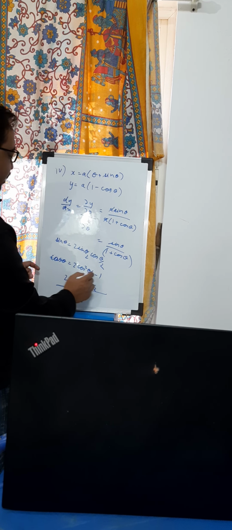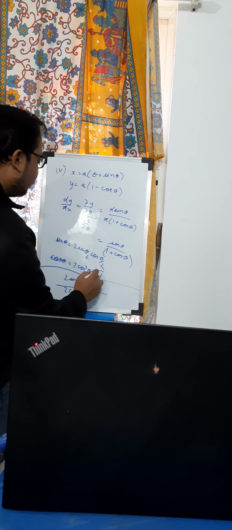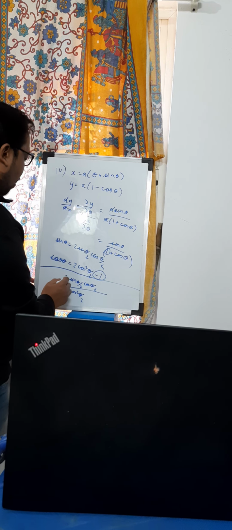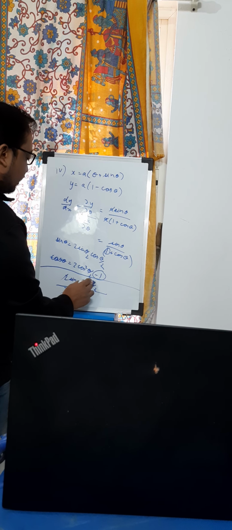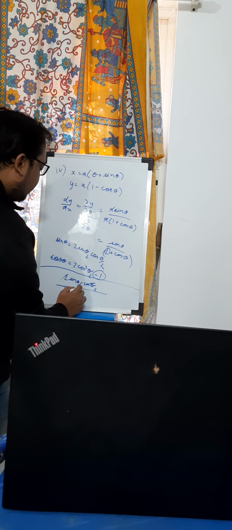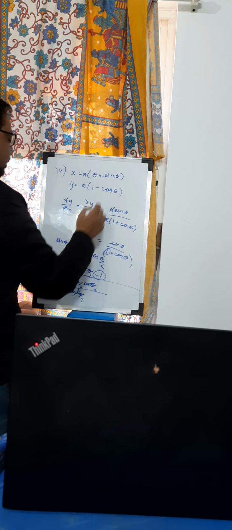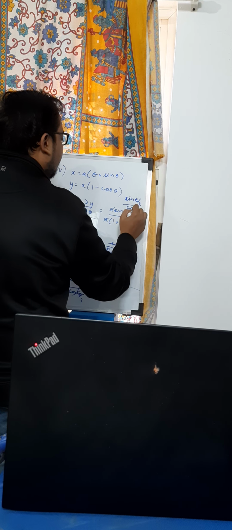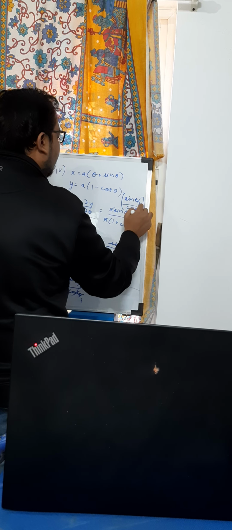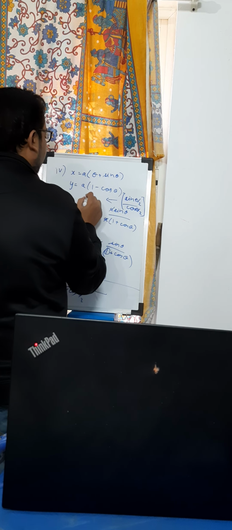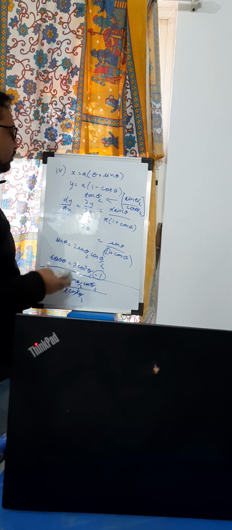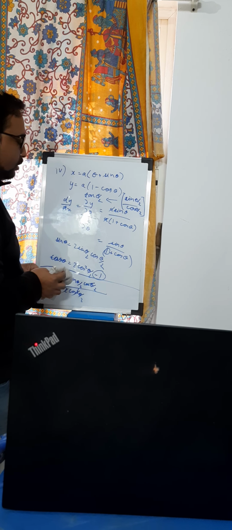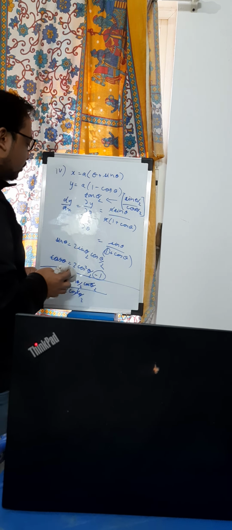This one and this one are getting cancelled, and the final answer comes to sin theta by 2 upon cos theta by 2. And this they have written as tan theta by 2. So you have come to know how they have arrived at the final answer, okay. Yes, sir.